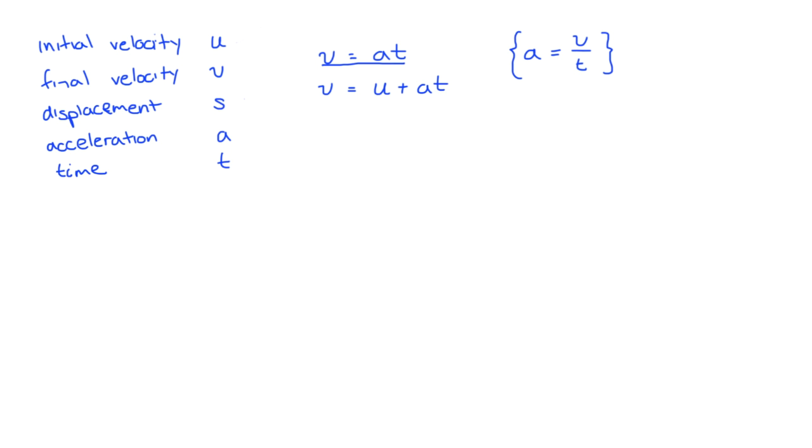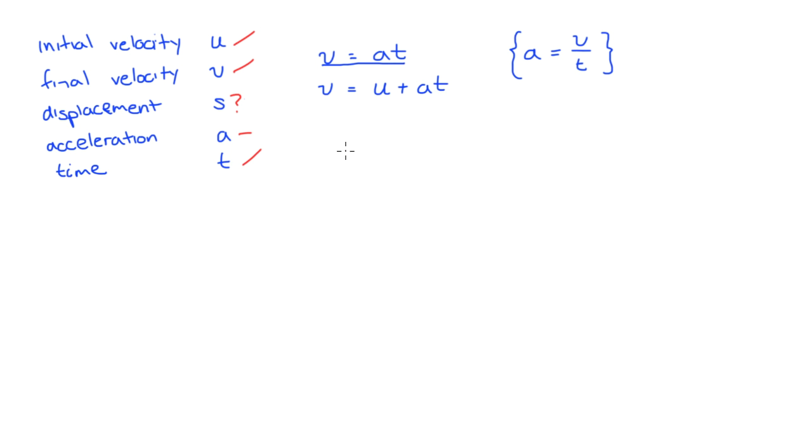Now, for our next equation, let's imagine that we're trying to find out what the displacement is. And we have the initial velocity, we have the final velocity. We don't have an acceleration, but we do have a time, and that's okay because we're still going to be able to just use these 3 variables to figure out what s is.